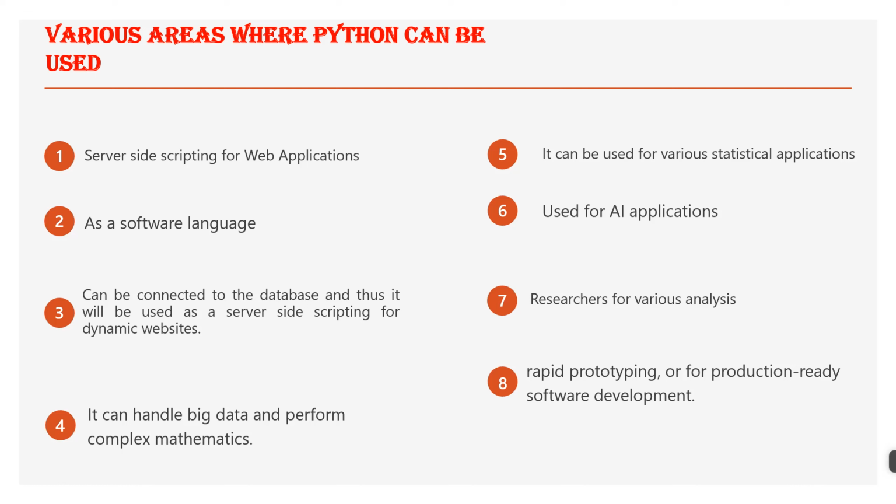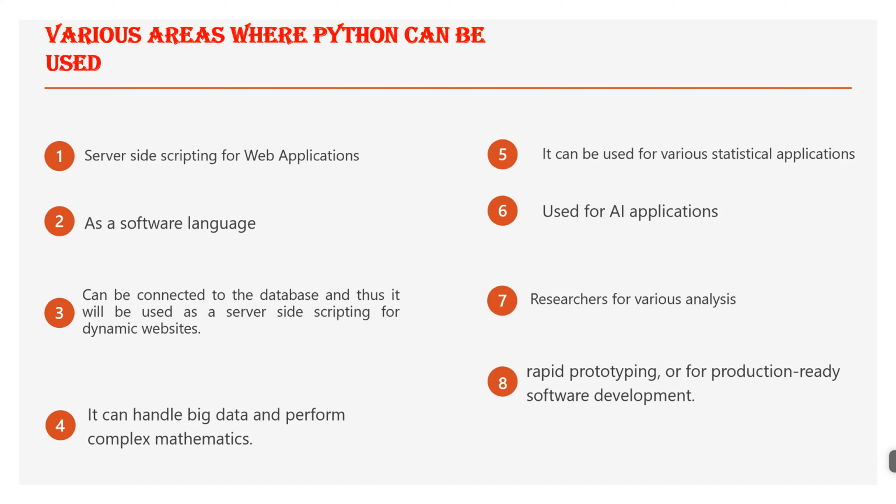So that's the reason why Python is more used for server sided scripting applications. Here it is used as a software language also. We can treat Python as a language similar to C++, Java, etc. These are all programming languages, and Python also can be used as one of the programming languages.